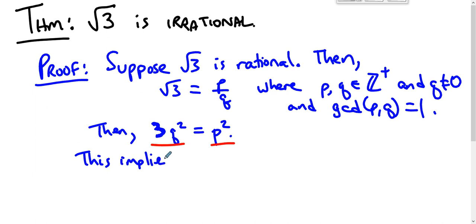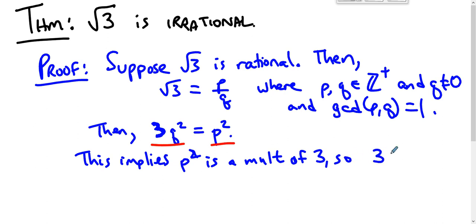This implies p squared is a multiple of 3. So 3 divides p. How do we know? Because this is just 2 factors of p, right?